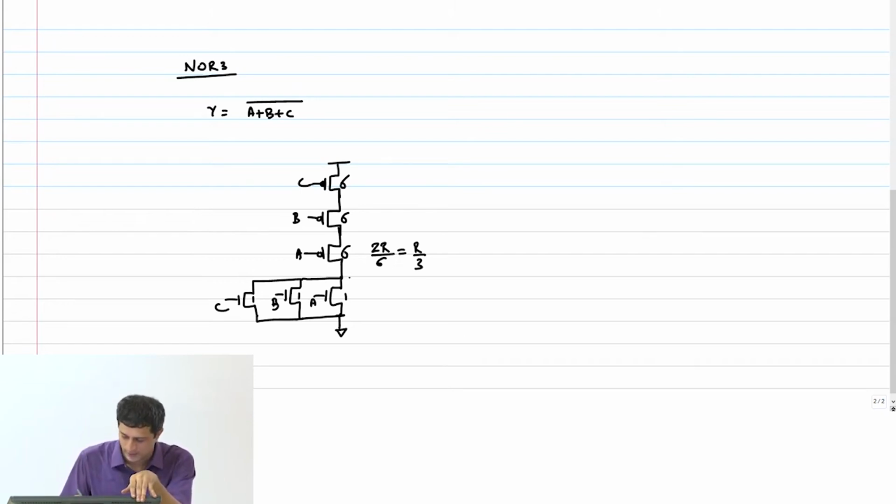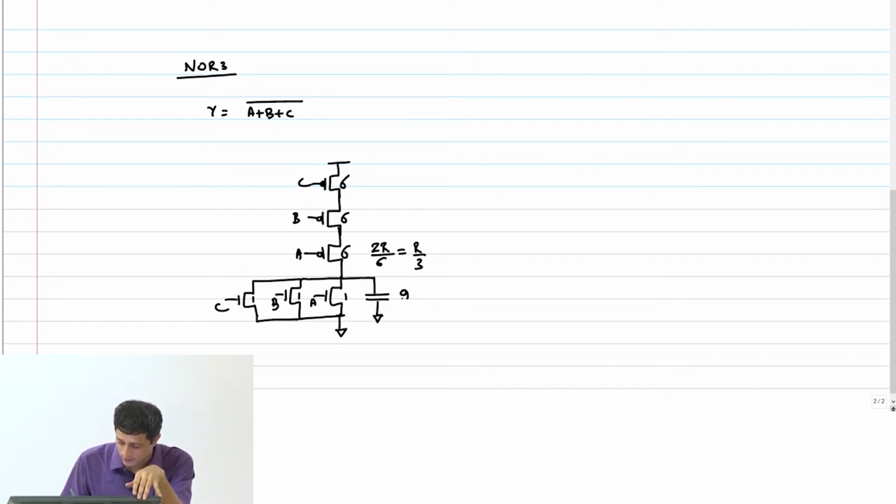So what are the capacitances now at various nodes? What is this capacitance? From the NMOS, what is the capacitance? 3C. From the PMOS, how much capacitance will you get? 6C.